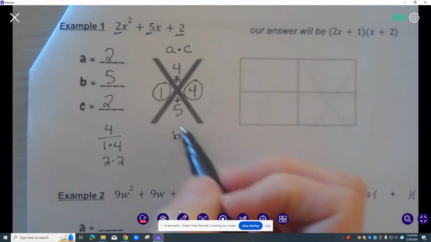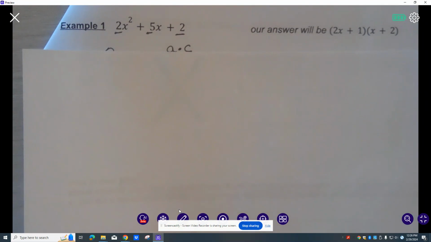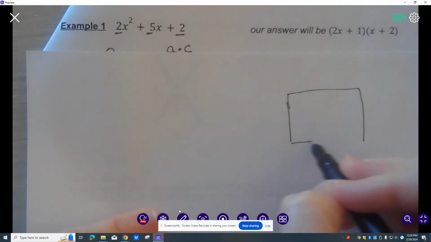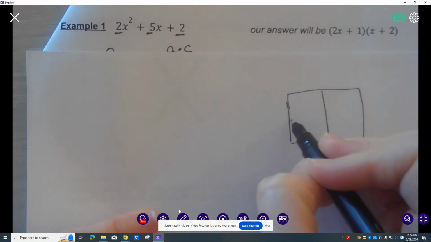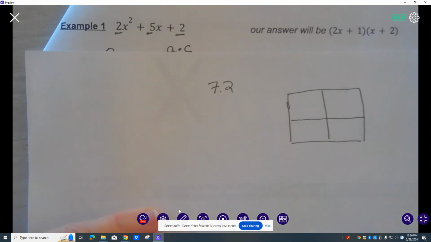Now, what goes in the box is your original problem that we're asking you to solve. I'm going to write something here for the video that you do not have to put in your notes. So I want you to think back, just watch me do this here, to section 7.2 when you were multiplying binomials.